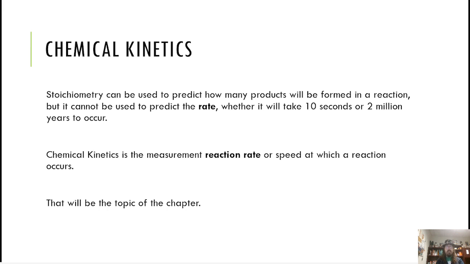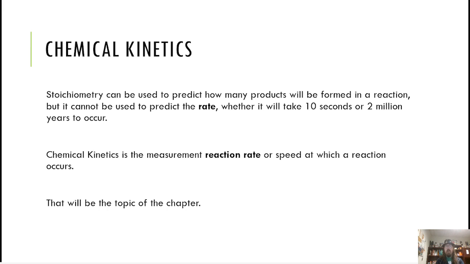It's all well and good to say this should happen, that this is predicted by spontaneity, and this is exothermic, but it doesn't say whether this will happen in 10 seconds or 2 million years. And that is what kinetics can tell us.